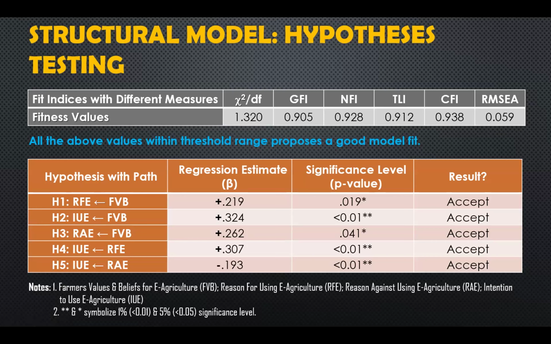Now from the hypotheses we are going into the path analysis, where we have shown that the p-value for each of the hypotheses supports accepting the hypotheses H1, H2, H3, H4 and H5.